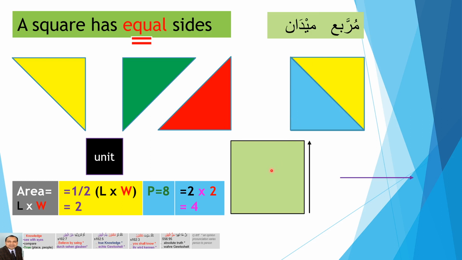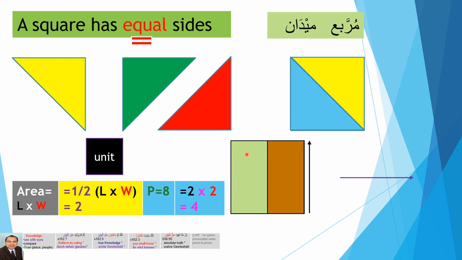On the other hand, a square, 4 sides are equal. This is area, one side, the other side. So divide along this line, fold from here, join this with this.